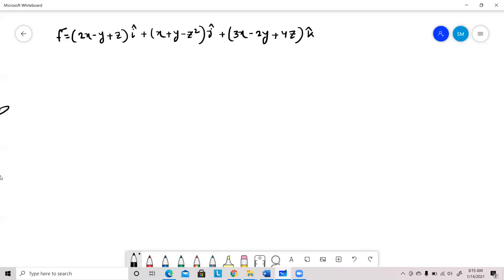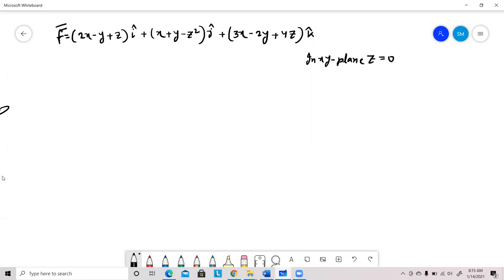So the force field is given by this, and the particle is moving around the circle C in the xy plane. In the xy plane, z equal to what? z equal to 0.